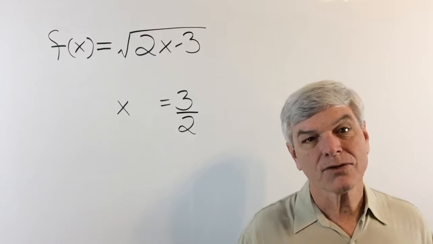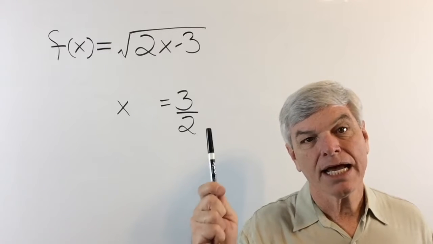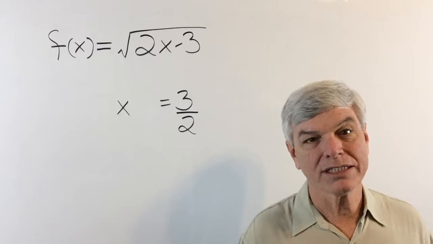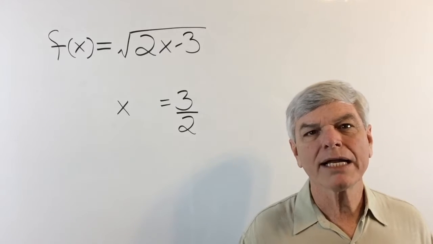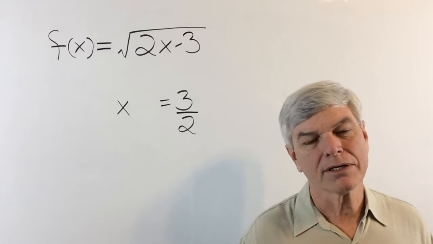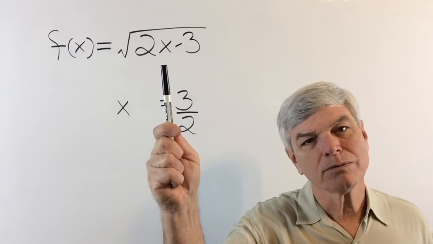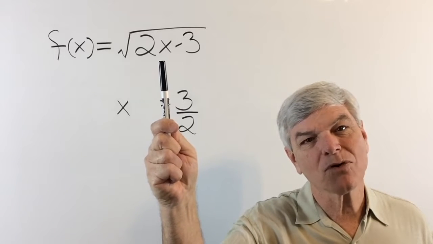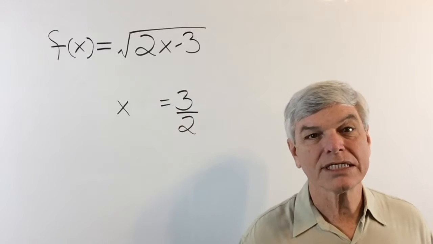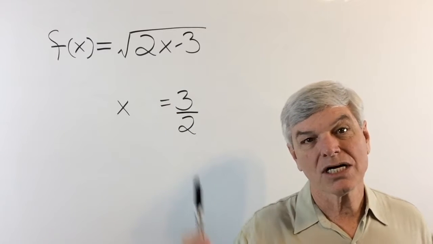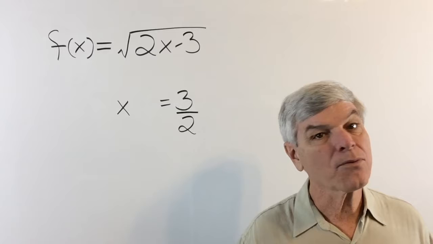Yeah. So this number is good, and any number larger than that number is good. Let's just pick a random number that's larger. Let's pick 4. Okay, 2 times 4 is 8. 8 minus 3 is 5. So as long as we have a positive number under the root.